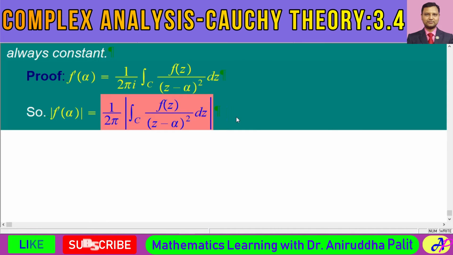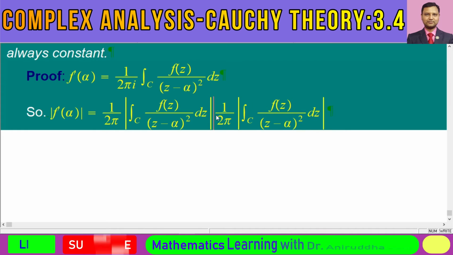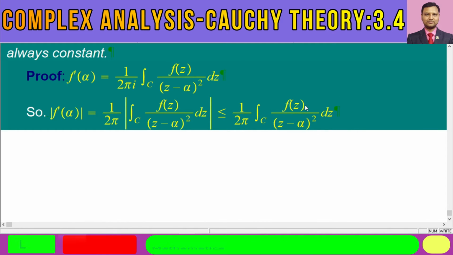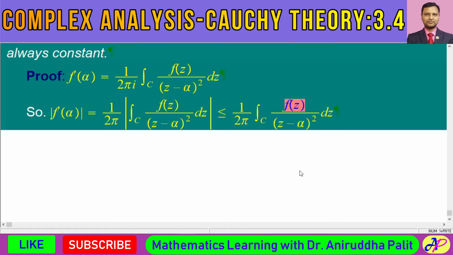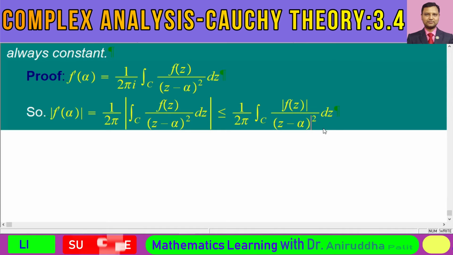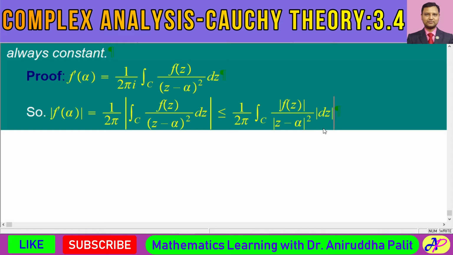And then this expression can be written as less than or equal to integral of modulus of f of z, divided by modulus of z minus alpha whole square, and modulus of dz.